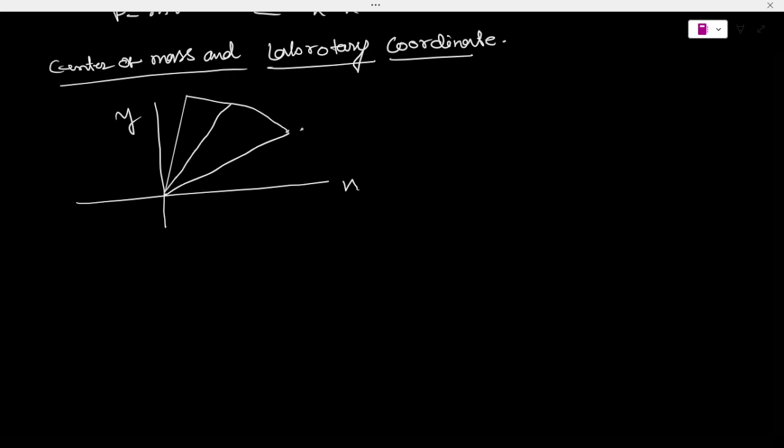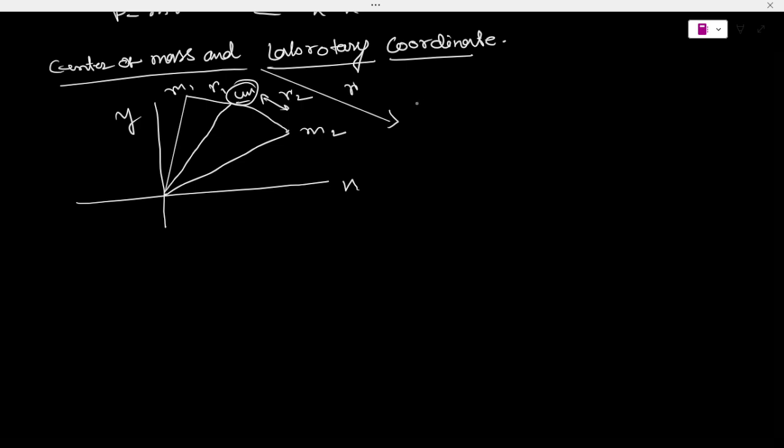This is m1, this is m2, and the distance between them is r2, and it is also r1. The point is the center of mass, cm, with radius r.